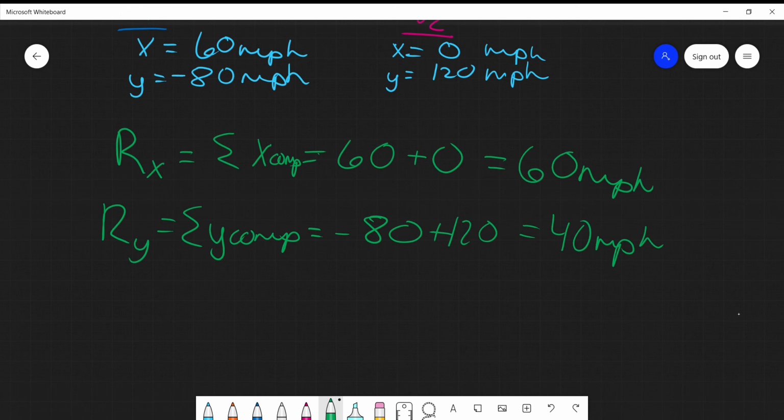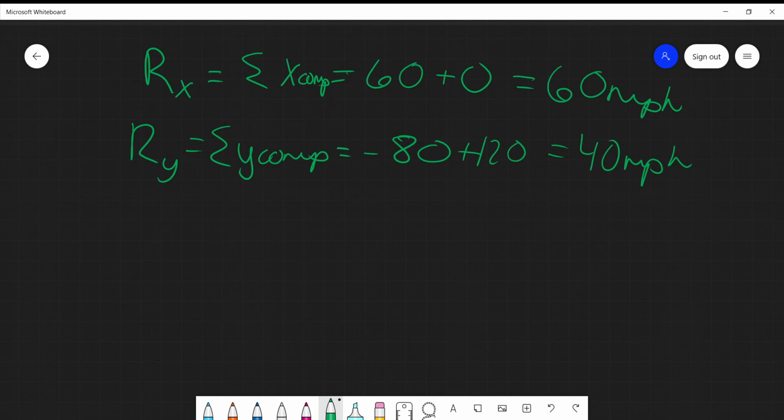Now, this is great and all. So if I were to draw these, if I make one of these boxes 10 miles an hour, even though earlier we found them to be 20, I'm just going to blow it up a little bit for just this little segment. This is 60, okay? And then this one is a positive 40.